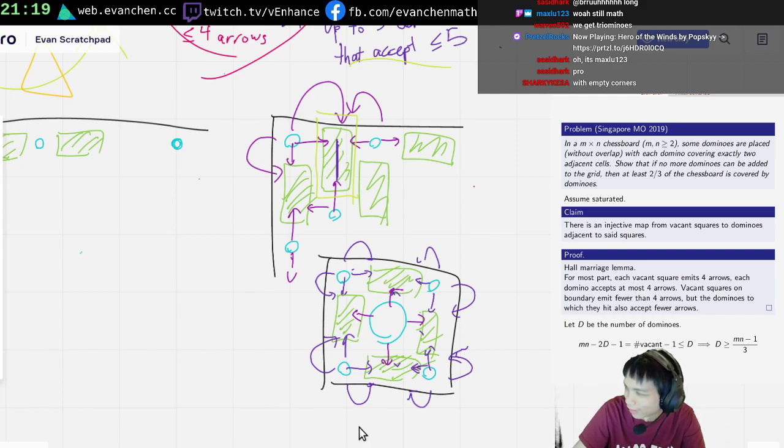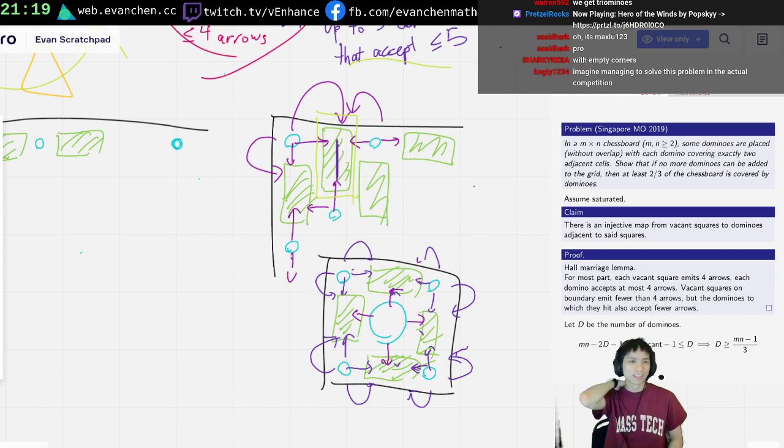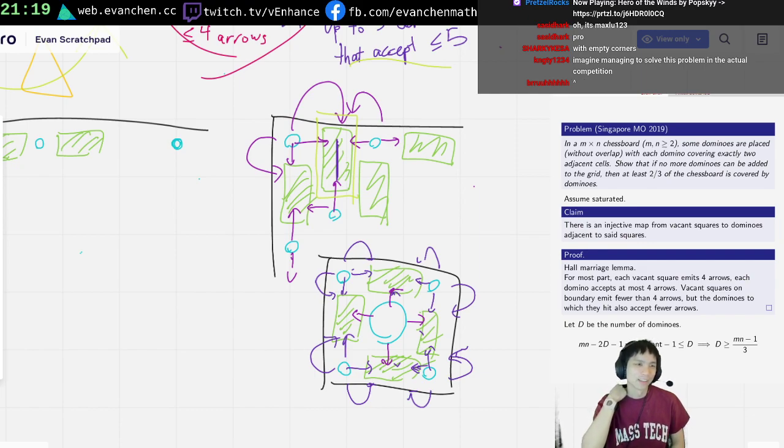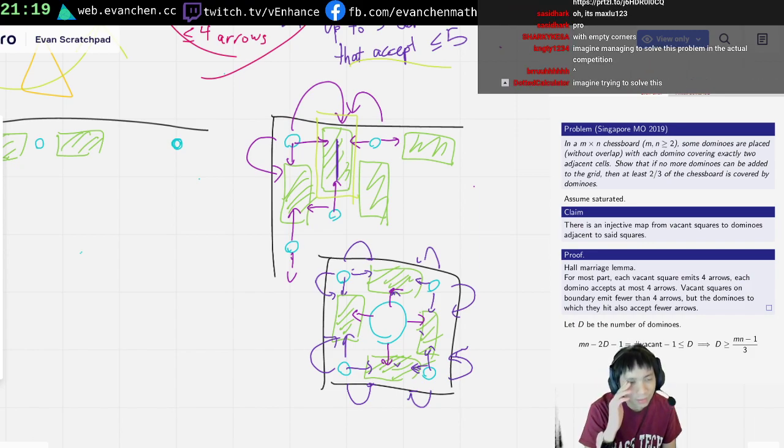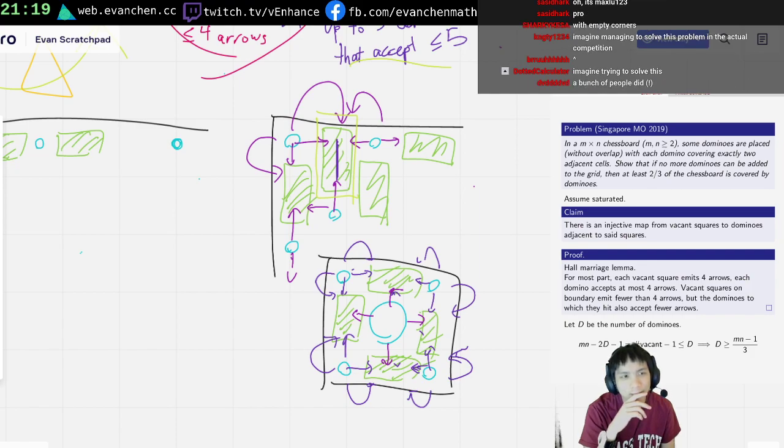We really got the short end of the stick. We know that in the equality case, the 4 corners are empty, and a lot of other things are true, and we don't know what to do with it.